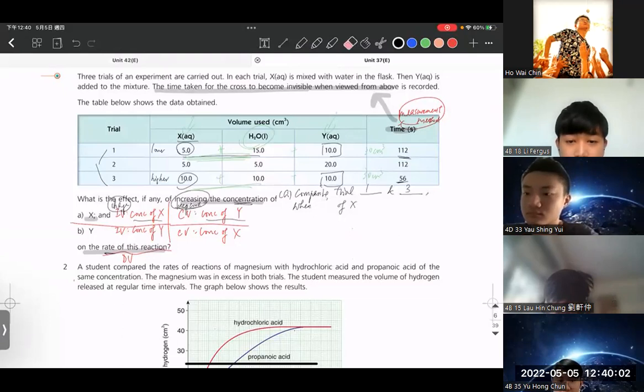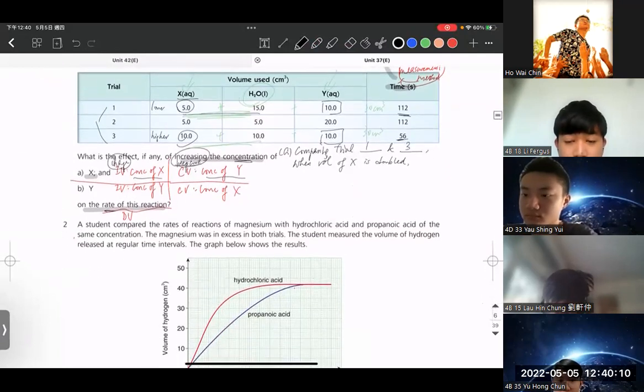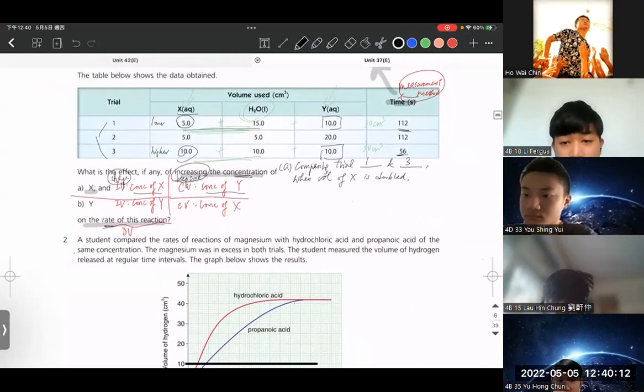Now, you just say that volume. Now, I can follow your logic here. Volume of X is double, right? From 5 to 10 is doubled, yeah. Which means that the concentration of X is what? Double. Also double.